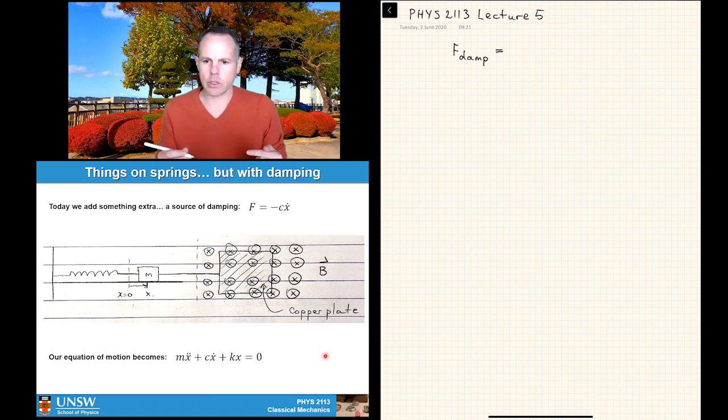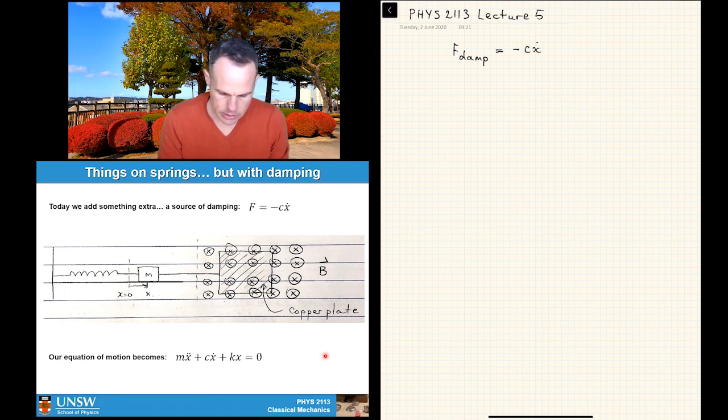It resists the motion in such a way that it's dependent on the velocity of the system. You could imagine this to be an aerodynamic drag force, or some eddy current force, it could be anything you like. And what we're going to do is take the simplest approximation. We're going to treat it linearly in velocity and have a constant of proportionality that we call c. So what we'll have here is a minus c x dot.